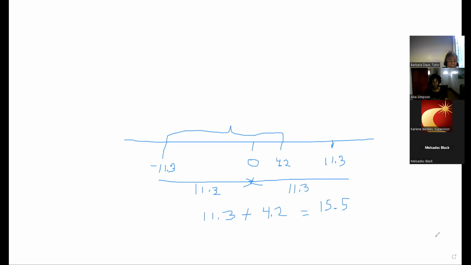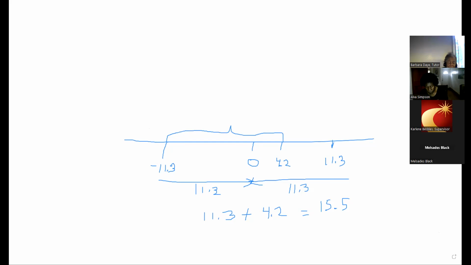And it doesn't matter about the sign because, like I say, whether it's a negative or positive, for the same number, it's the same distance. Minus 11.3 to 0 is the same distance as from plus 11.3 to 0. Got it? Any questions?